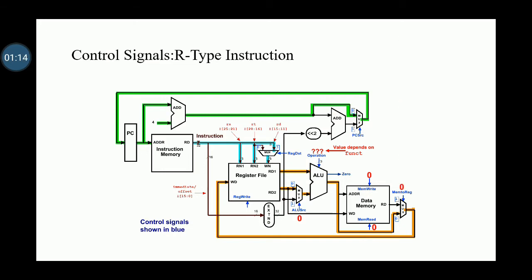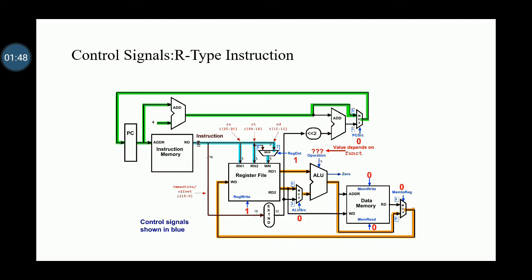Again, MemtoReg is set to 0, which means the data will flow directly from the ALU to the register. We need to write the register, that is, the register number specified by the instruction should be written with the result. Hence RegDst is set to 1, and RegWrite is also set to 1 so that we can write the register.